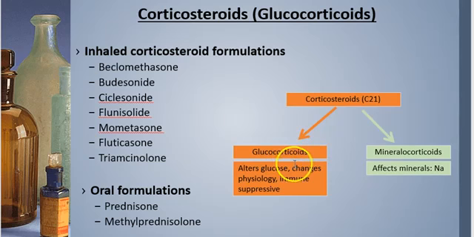Your glucocorticoids are corticosteroids based on their carbon number, but they alter glucose, they change physiology, and they are immunosuppressive. In contrast, your mineralocorticoids, also 21 carbons, primarily affect mineral homeostasis, basically sodium, as well as some others. And those are going to be talked about a little bit later when we do the kidney portion of the curriculum.